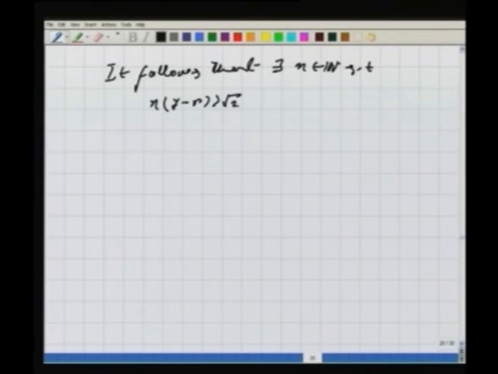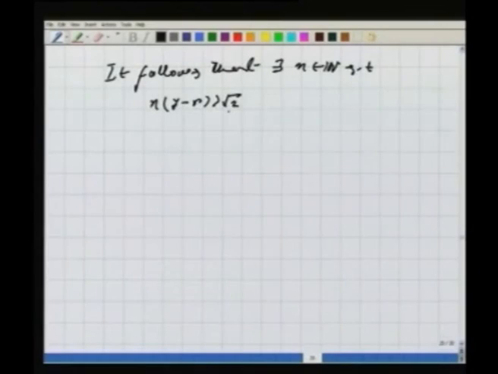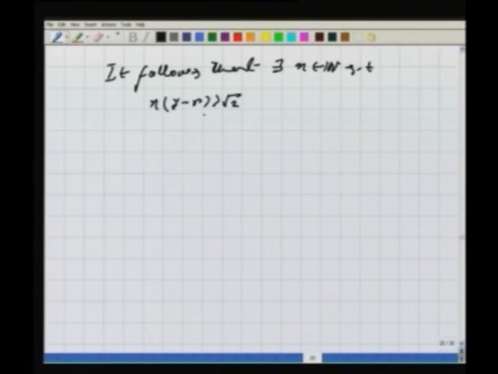Let us have a look at it again. I am saying that y minus r is a positive real number, that is clear because r is less than y. Root 2 is a real number. Then by the Archimedean property there exists a natural number n such that n into y minus r is strictly bigger than root 2. That is fine. What does this mean?